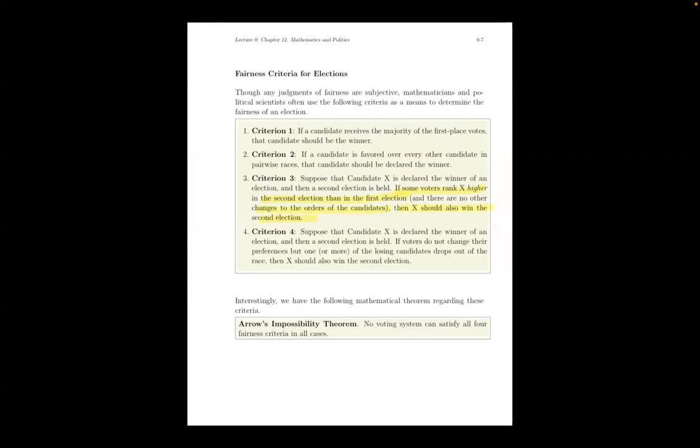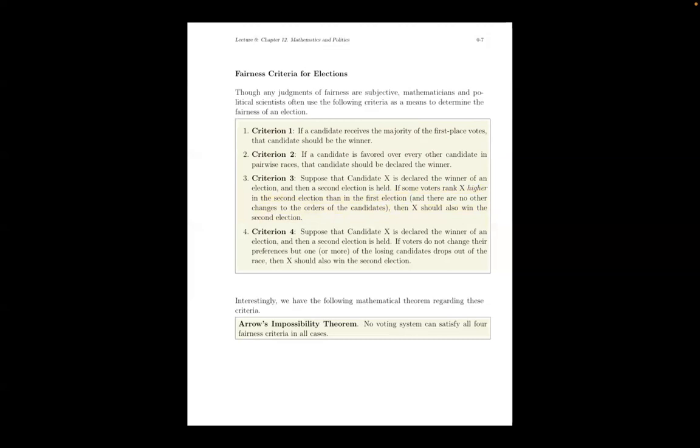That would make sense, right? If we had a second election and our winning candidate of the first election got even higher regard or higher rankings from people, then of course that candidate should win the second election.